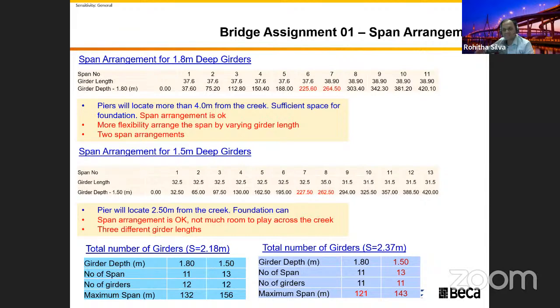Or you can ask your estimators or the company you hire to do your costing to look at all these options here. It's already got 4 options in here, not one. 4 design options in one solution. Yeah, 4 different bridges. They are not the same. 2 span arrangements are the same, and the 2 different superstructure arrangements, number of girders, 11 and 12.